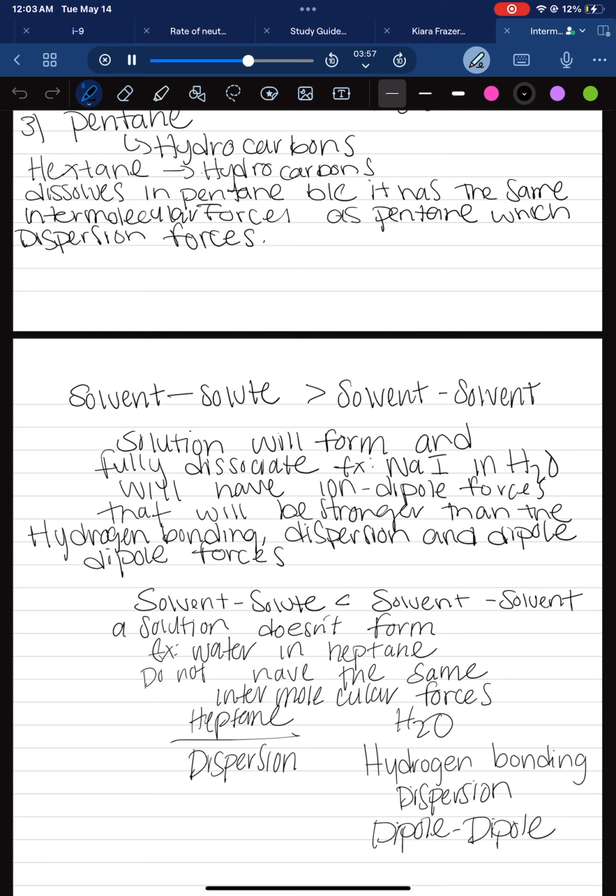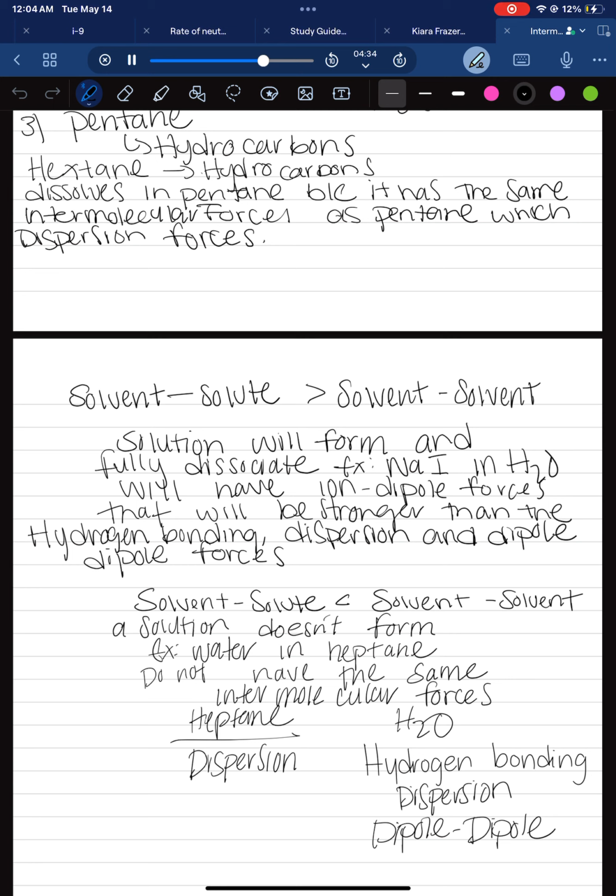So, I'm going to say NaI, sodium iodide, in water will be stronger because it contains ion dipole forces, and water only contains hydrogen bonding, dispersion forces, and dipole-dipole forces. Therefore, sodium iodide will be stronger and a solution will form.